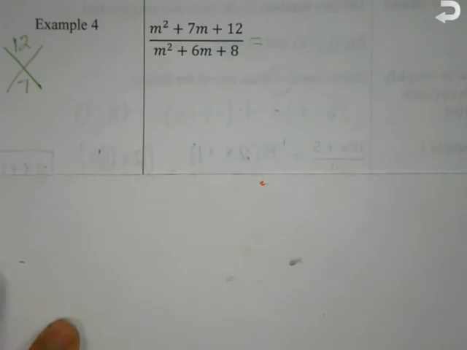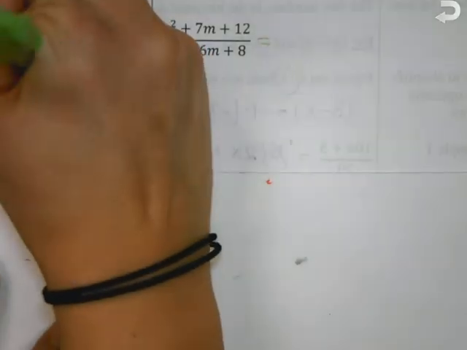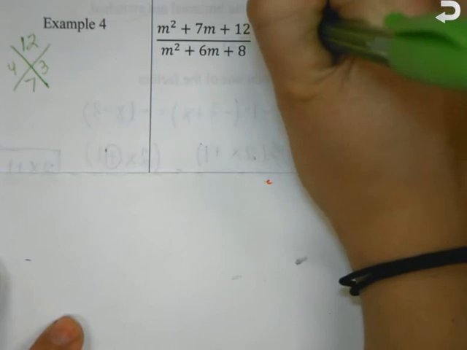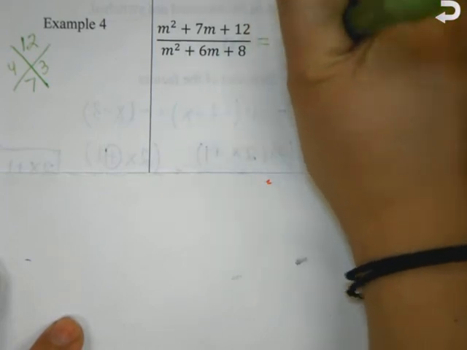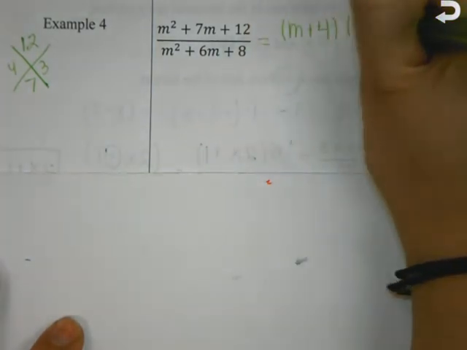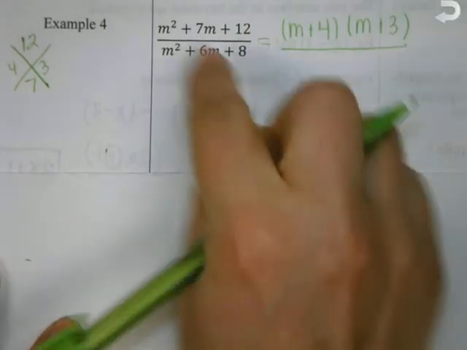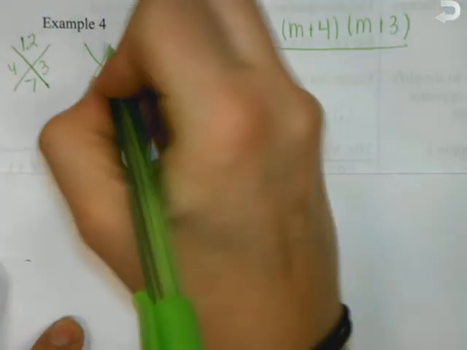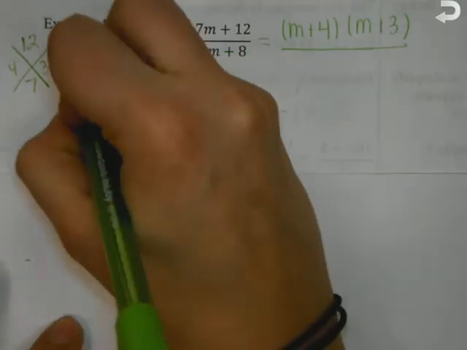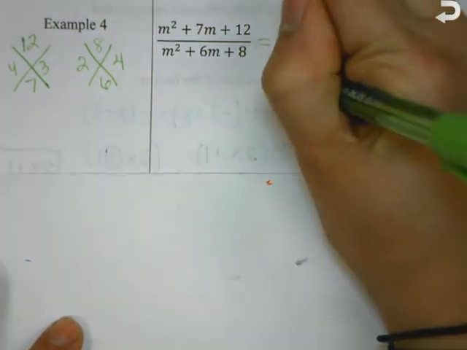Good. So this is going to give me m plus 4 times m plus 3. Denominator is also diamond method. What two numbers multiply to 8 and add up to 6? 2 and 4. So that is going to be m plus 2 times m plus 4.